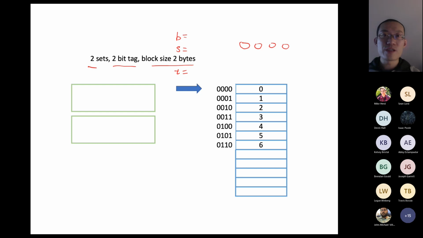My question is, in the address, how many bits do we need for the block offset? How many bits do we need for the set index? And how many bits do we need for the tag?